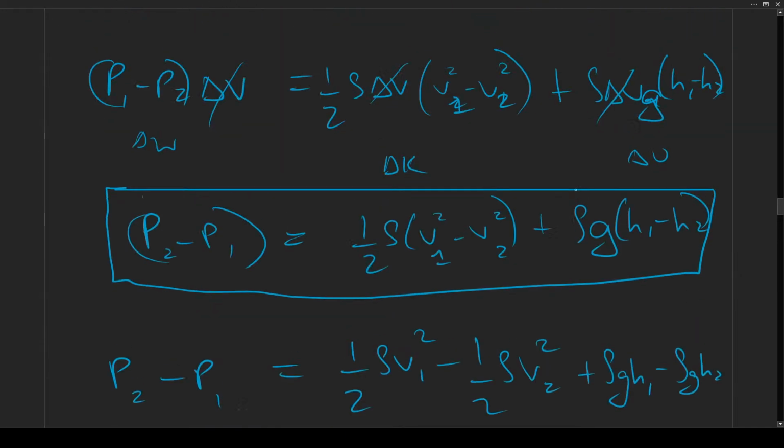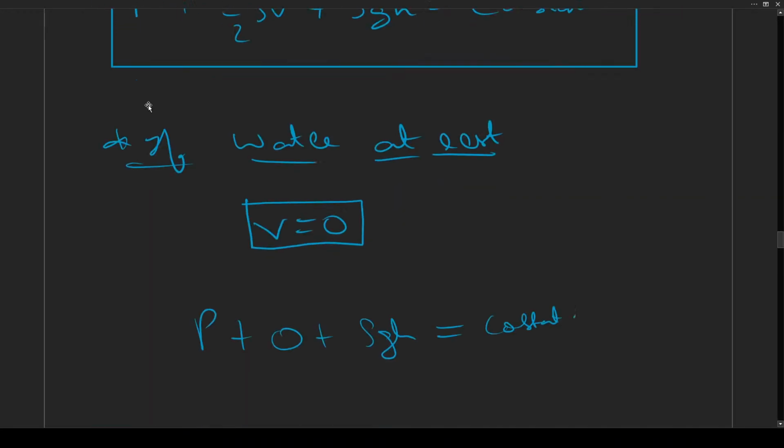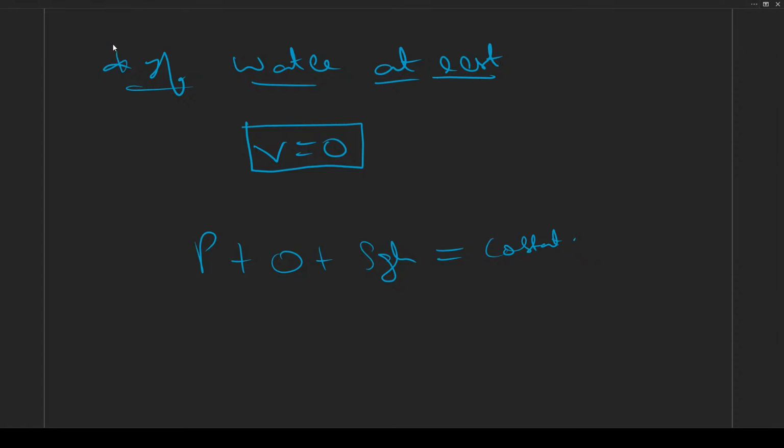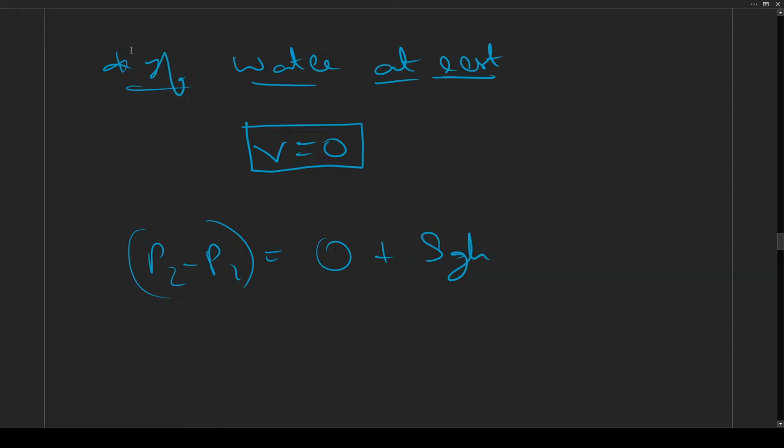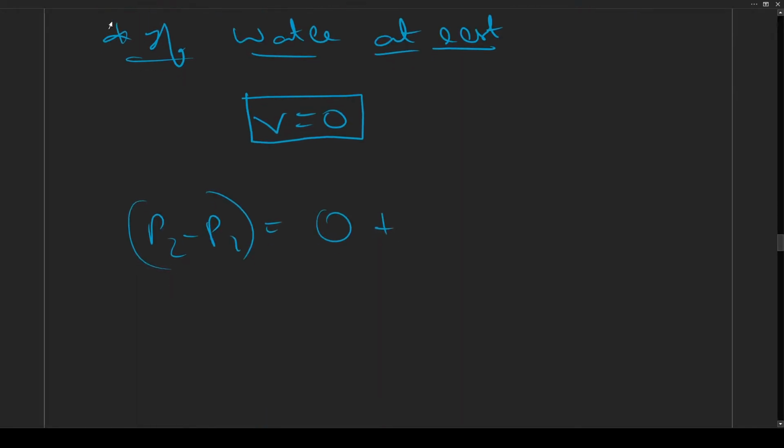Using this equation, let's use that equation itself, not this one, we will get P2 minus P1, which is equal to kinetic energy 0, plus rho G H1 minus H2, I believe.